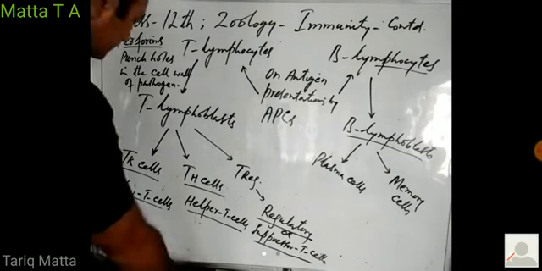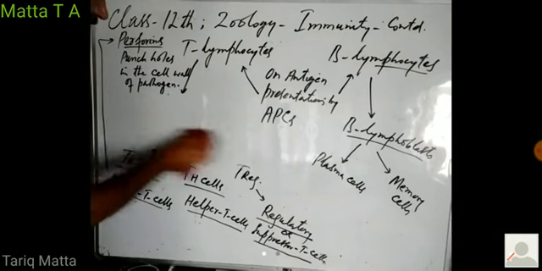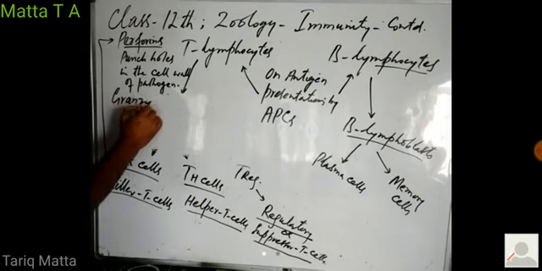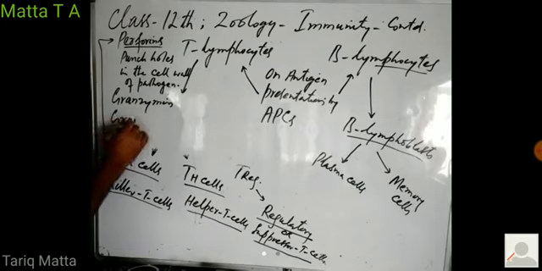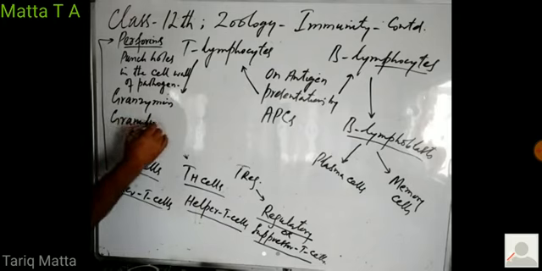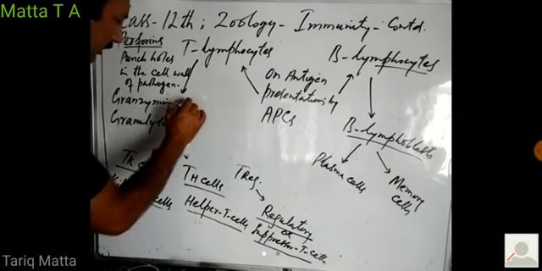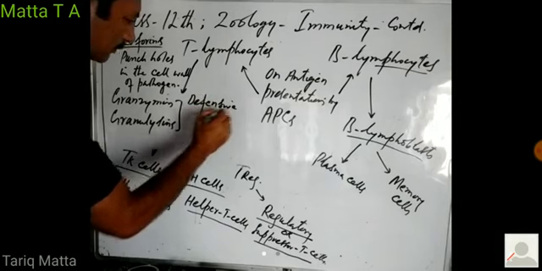Or these killer cells release granzymin and granulysin. These are again defensive proteins.